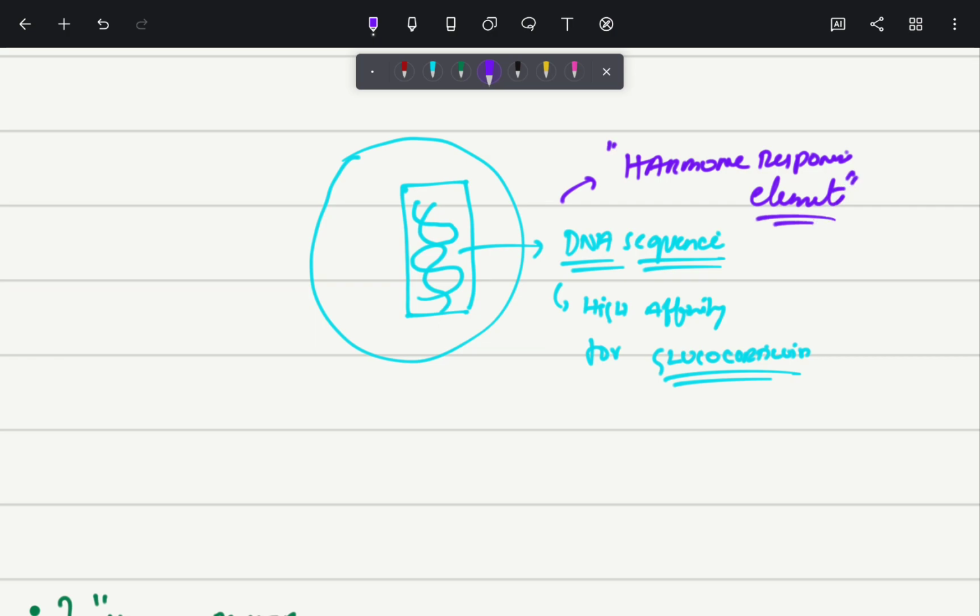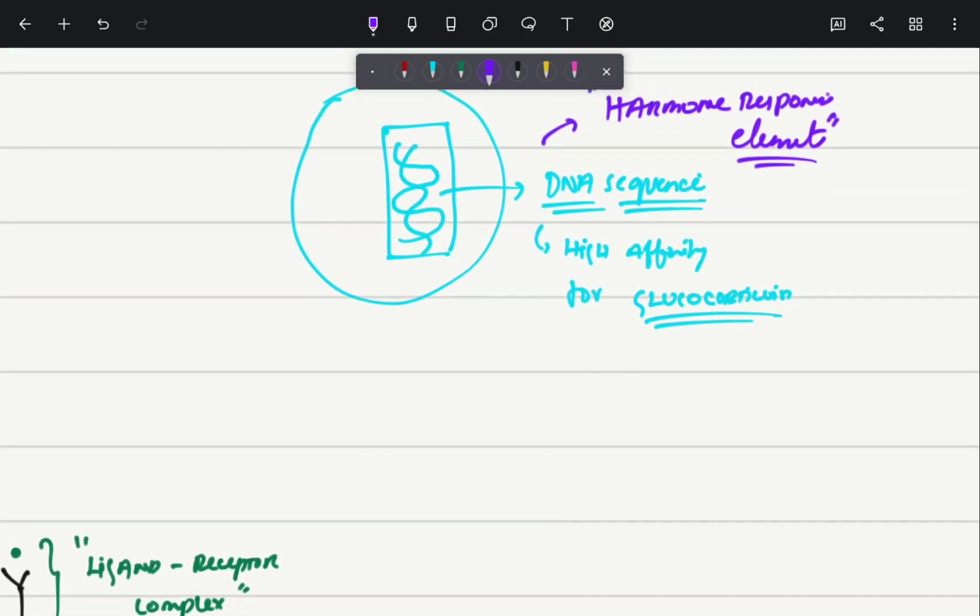It is nothing but a DNA sequence which is present in the nucleus, and it is having high affinity for certain hormones such as glucocorticoids. If the hormone is glucocorticoid, then the sequence will be glucocorticoid response element. If the hormone is thyroid or retinoid, then the DNA sequence can be called your thyroid response element.